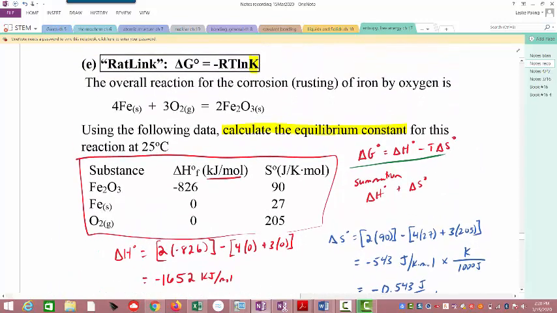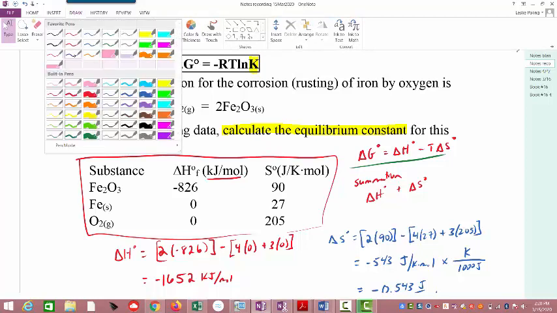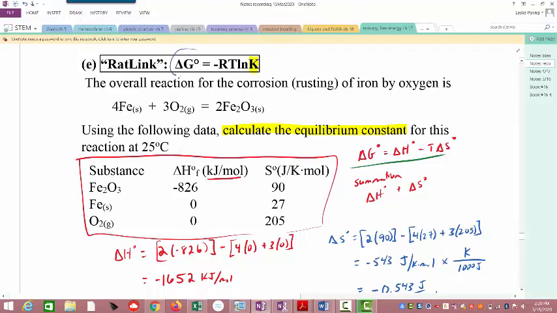All right. So now I can actually use my Gibbs-Helmholtz equation.